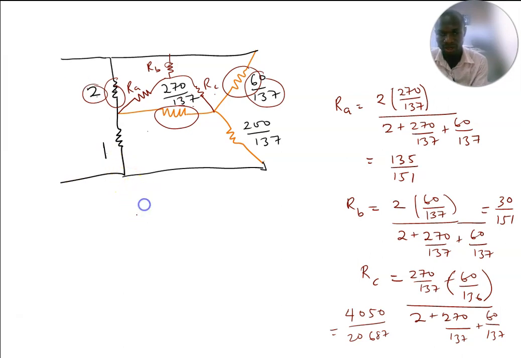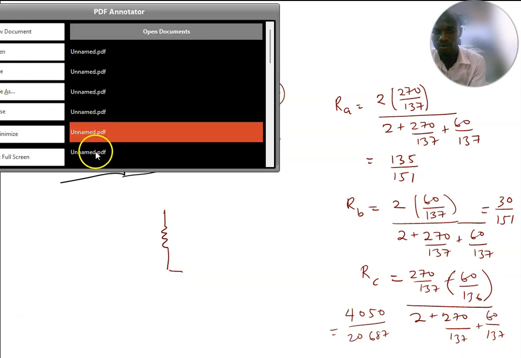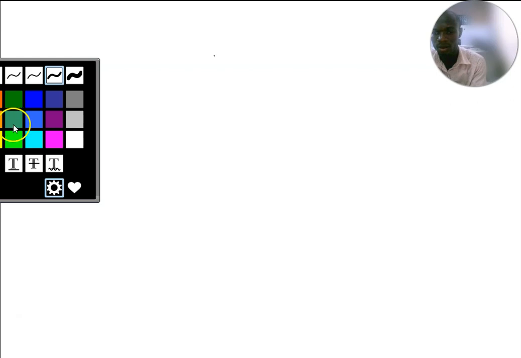Let me use the red, right? I have my RB here. Let me draw it on a different page. Sorry. So I have my RB here, right?